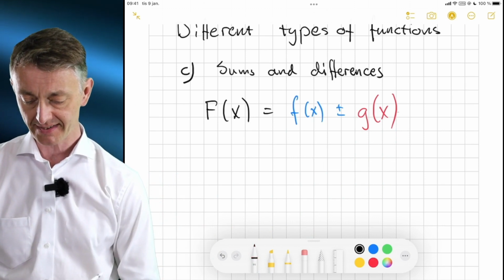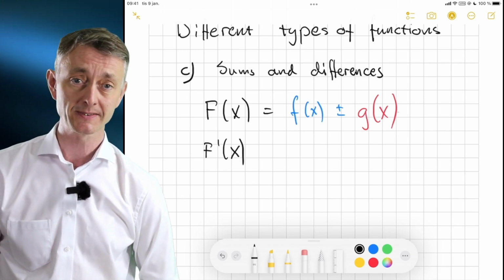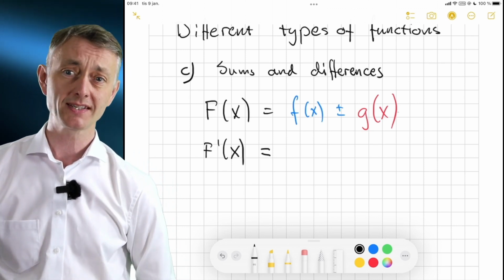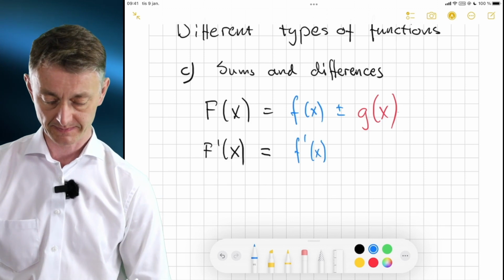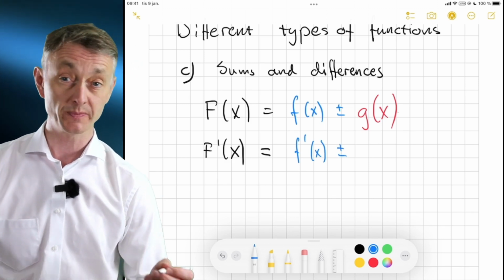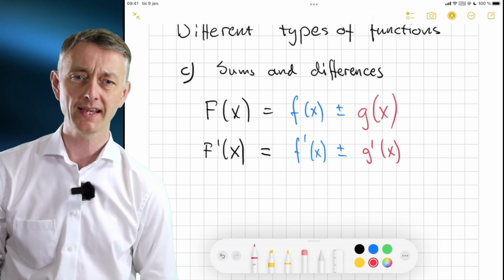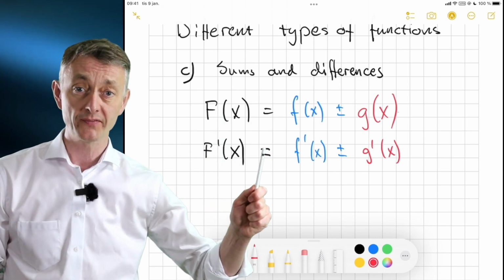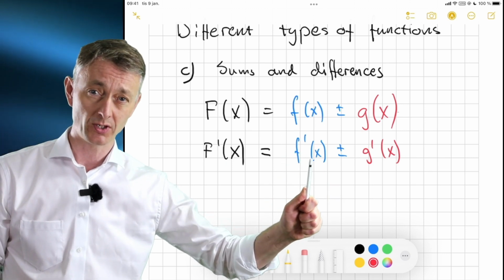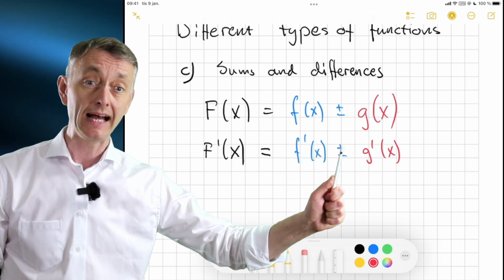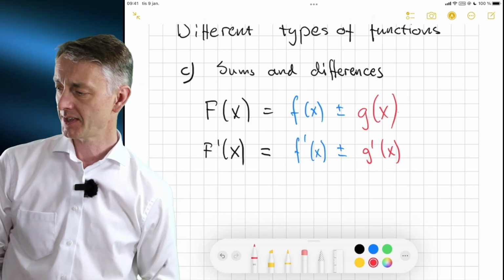So the derivative of capital F of x with respect to x is simply f prime of x plus or minus, depending on which it was, g prime of x. Hence, the derivative of this function is simply the sum of the derivative of the function f with respect to x and the derivative of the function g with respect to x. So that is quite simple.